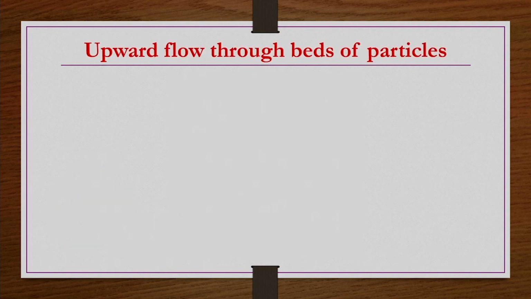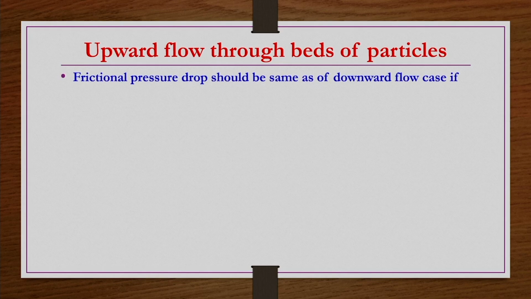So, now we see the same details again here. In upward flow through beds of particles, the frictional pressure drop should be the same as in the downward flow case under two conditions. One is if the bed is constrained at the top also by a closing perforated plate, or the velocity is low such that the rearrangement of particles is not taking place, so there will not be any relative movement of the particles if the bed is not constrained at the top.